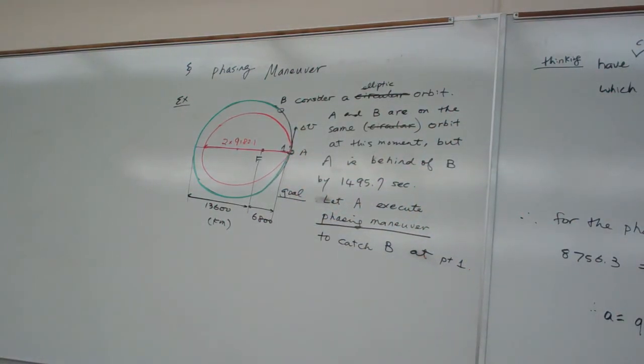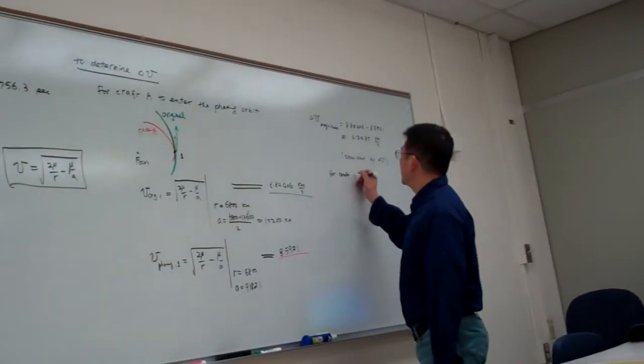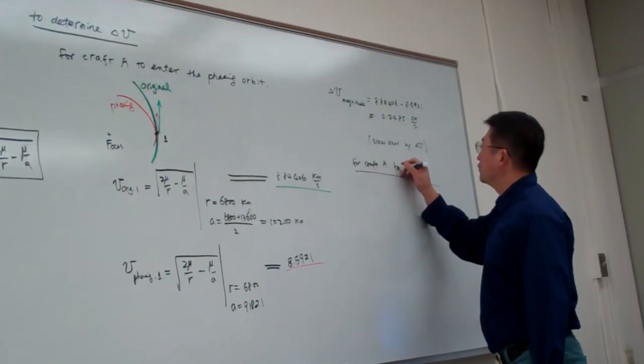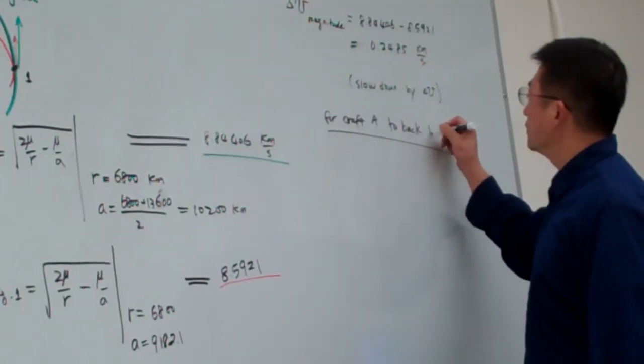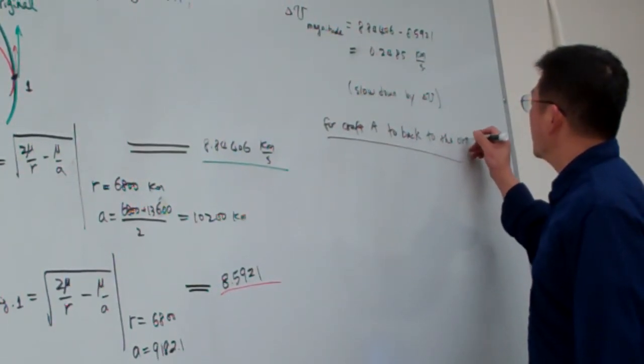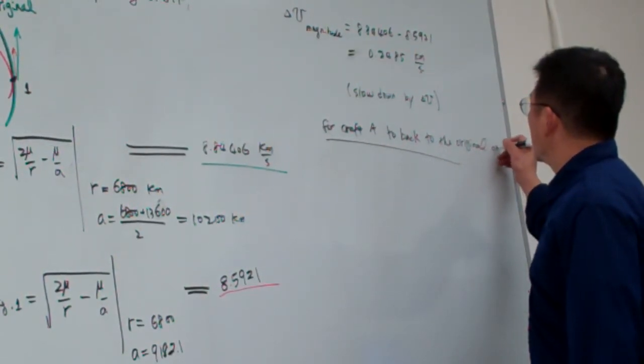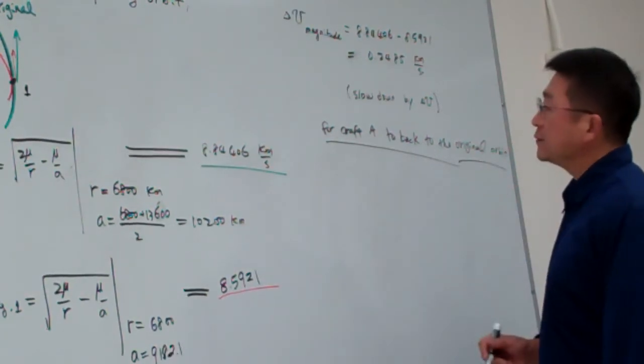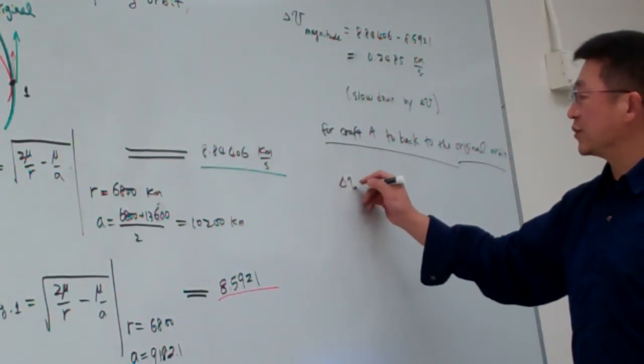Once they meet there again, for craft A to go back to the original orbit, another delta V should be applied.